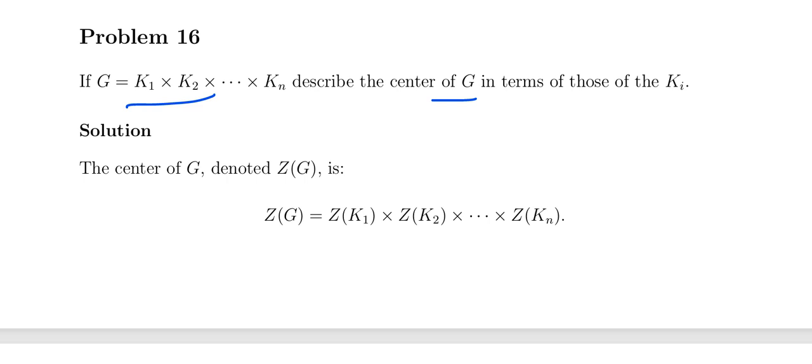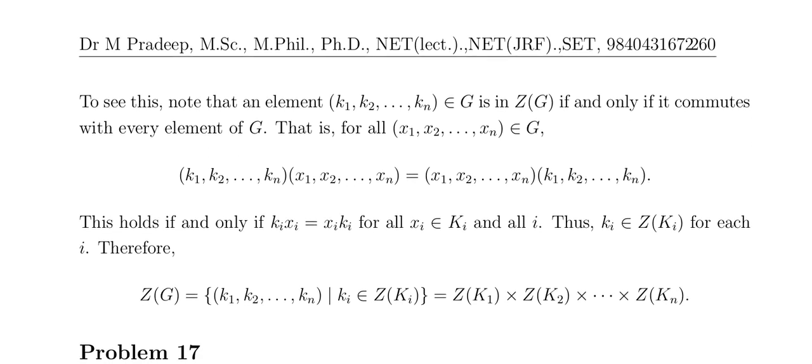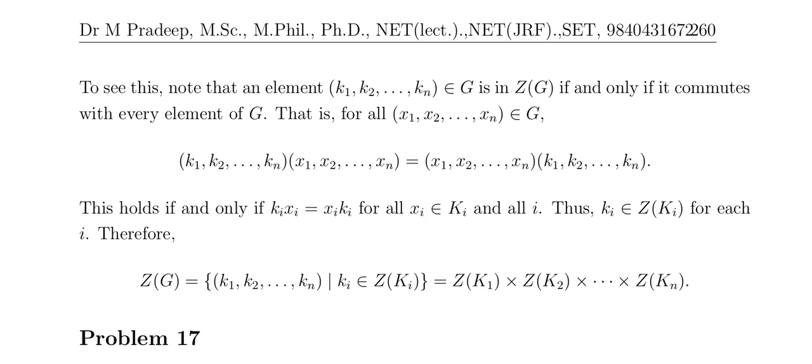The center of G is denoted Z(G). Z(G) is Z(K1) cross Z(K2) cross Z(Kn). An element (k1, k2, ..., kn) belongs to Z(G) if and only if it commutes with every element of G, that is for all (x1, x2, ..., xn) in G, (k1, ..., kn)(x1, ..., xn) equals (x1, ..., xn)(k1, ..., kn).